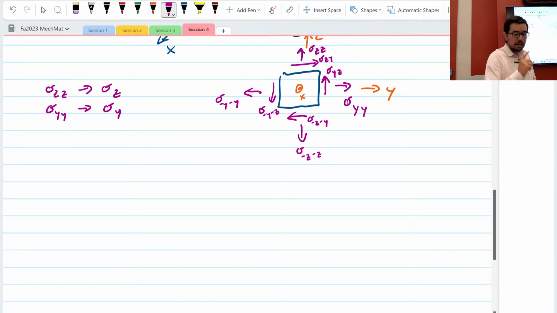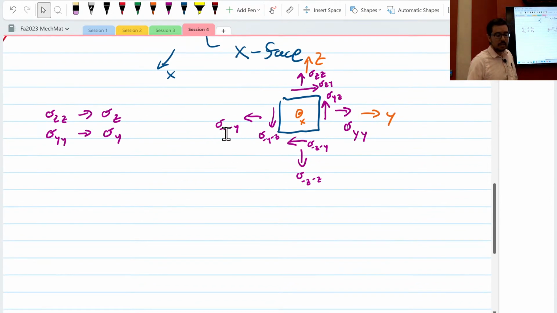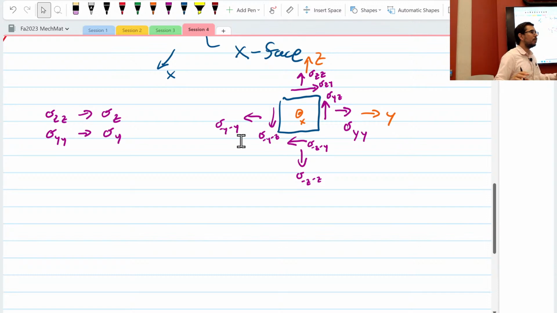Now, if you go into the notes, you'll see that sigma minus minus is the same as sigma plus plus. This has to do with equilibrium.